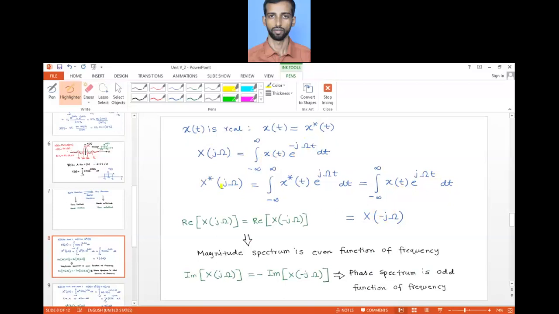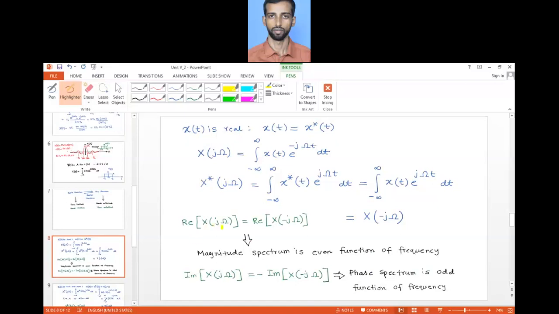So both of them, X(jω) and X(-jω), are complex numbers. They have their real part and they have their imaginary parts. And if X star(jω) is equal to X(-jω), that means this X(jω) is complex conjugate symmetric.